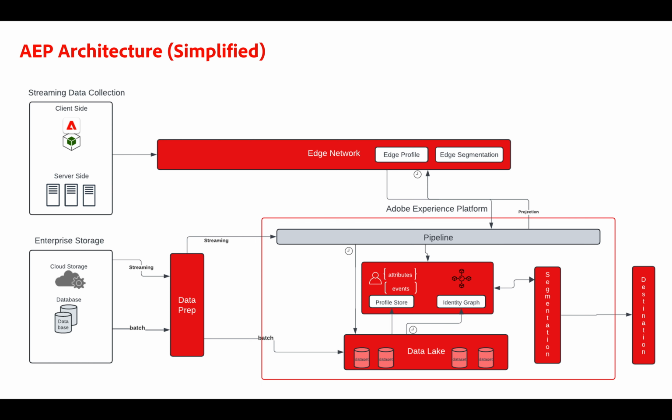Normally the main database systems use batch information, and everything that is event based uses streaming. So in this way, you can stream your data from your enterprise storage. Or here you can use the streaming data collection, which is called the Web SDK, either server side or client side, to stream into Adobe Experience Platform.